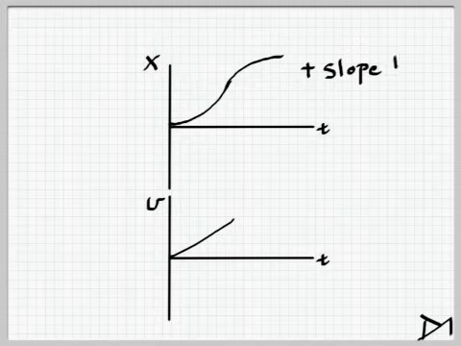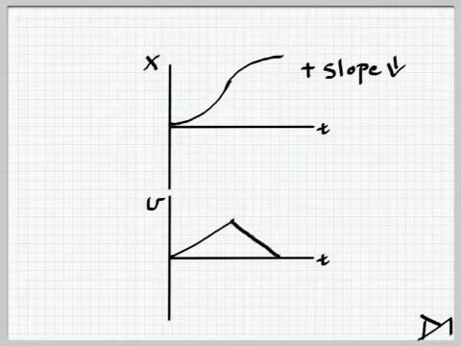Let's say that slope now starts decreasing, so our positive slope is decreasing. So therefore our positive velocity is decreasing. This means the car, or whatever the object is, is slowing, but still going in the positive direction, say forward or to the right. If the slope dies away, and the slope is 0, the speed is 0.